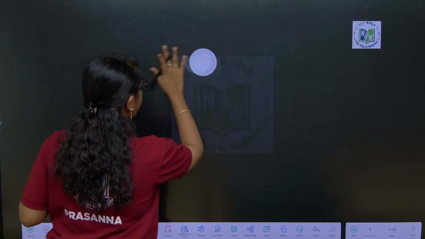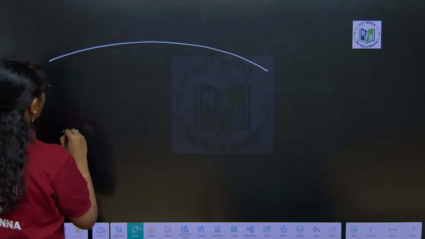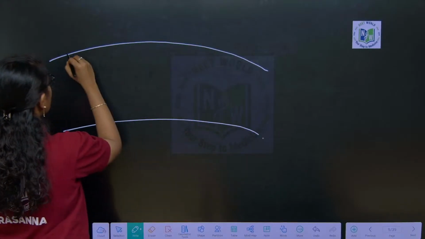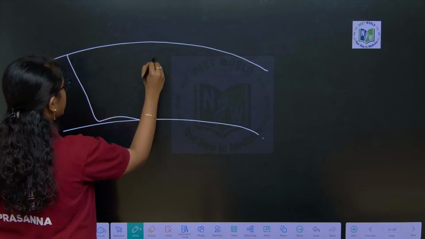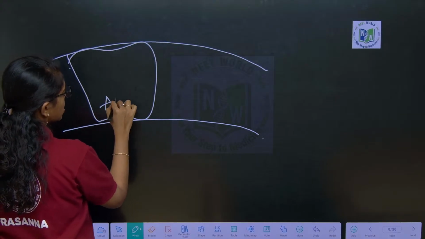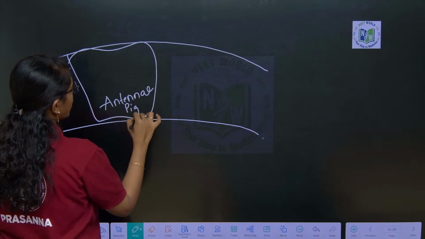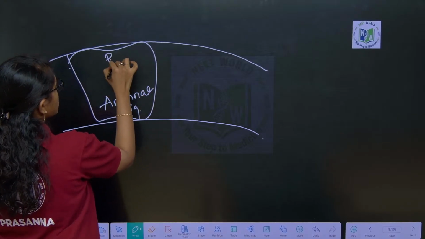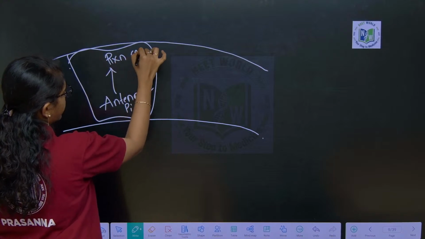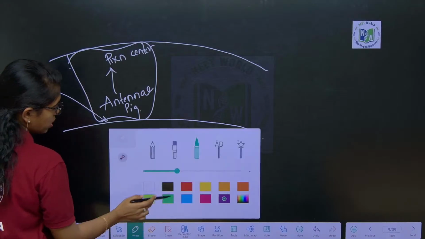Now inside the thylakoid membrane, the photosystems are present like this. Here you have antenna or accessory pigments and the reaction center, absorbing the light in the form of photons.